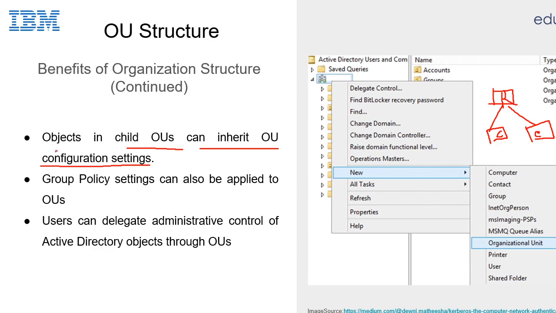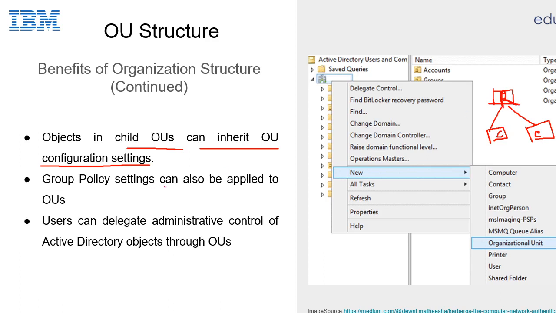That is, objects in child organization units can inherit OU configuration settings. So these children automatically get the configuration settings of the root organization unit.